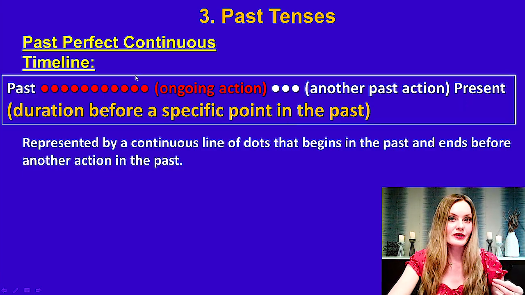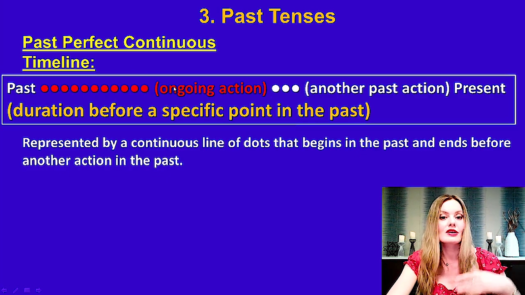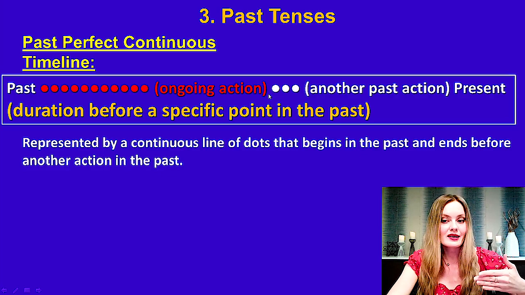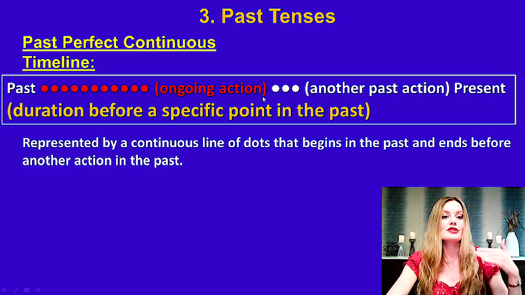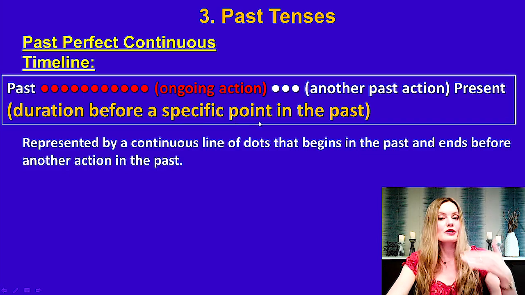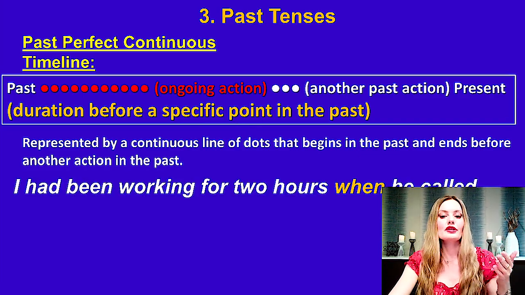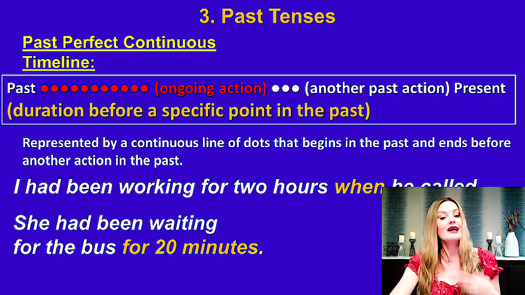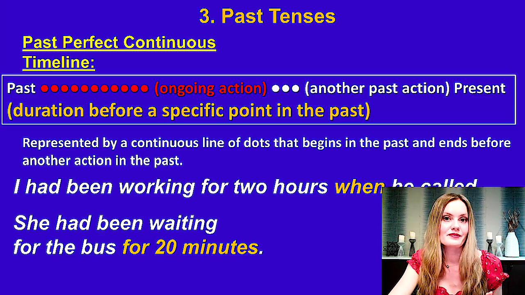Now, past perfect continuous is represented by a continuous line of dots, ongoing action, and it ends in the past before another action in the past. So it's a duration before a specific point in the past. I had been working for 2 hours when he called. She had been waiting for the bus for 20 minutes.